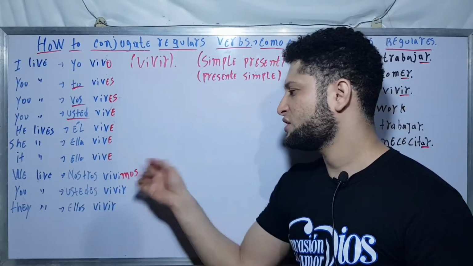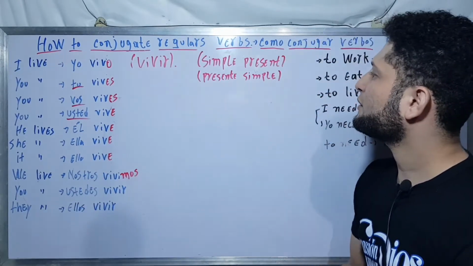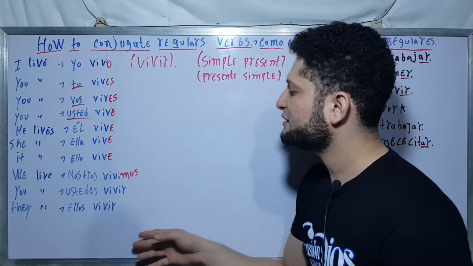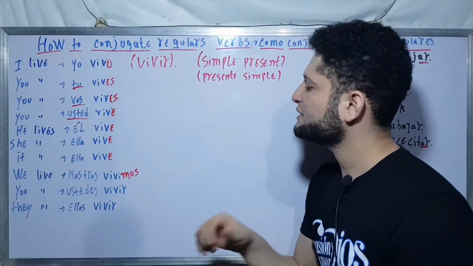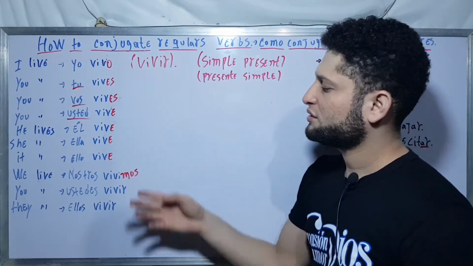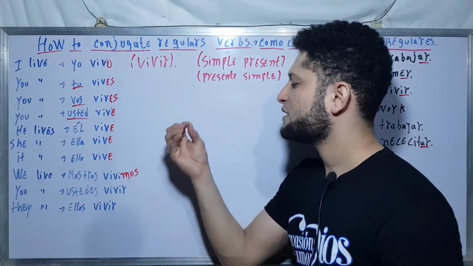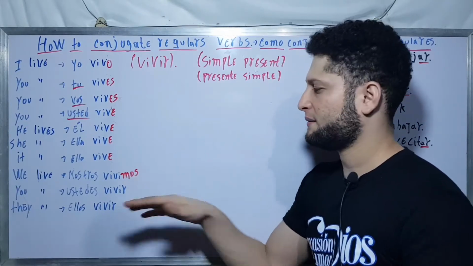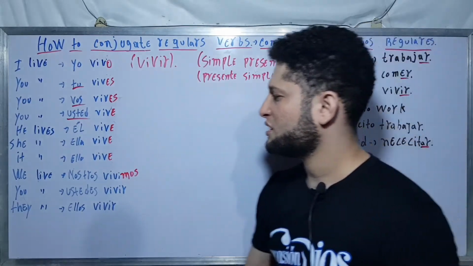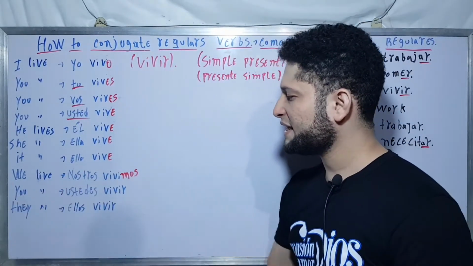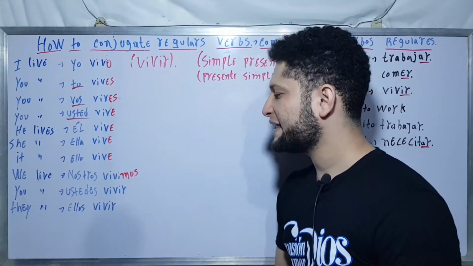I just needed to remove the last letter R and add MOS. Nosotros vivimos. You live, ustedes viven.